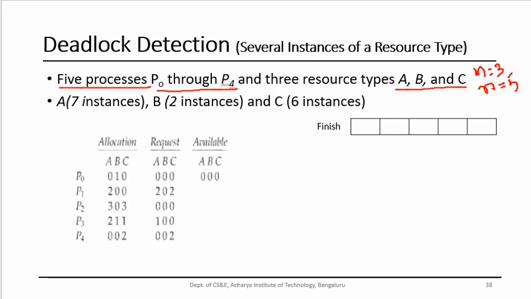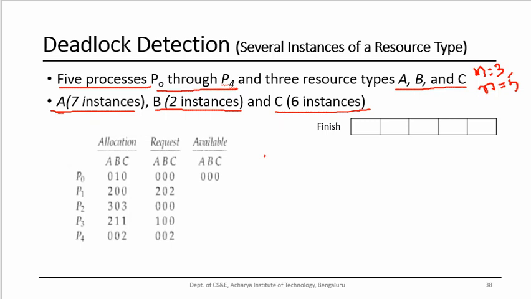Now here we have also mentioned how many resources of each type are present in the system. There are 7 instances of resource type A, 2 instances of resource type B, and 6 instances of resource type C.